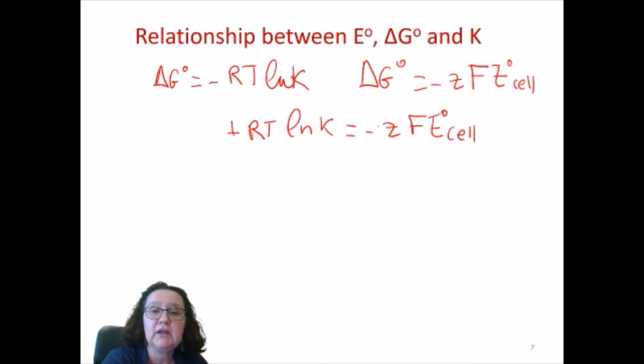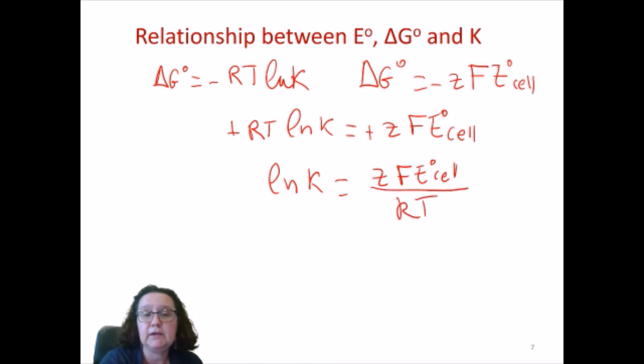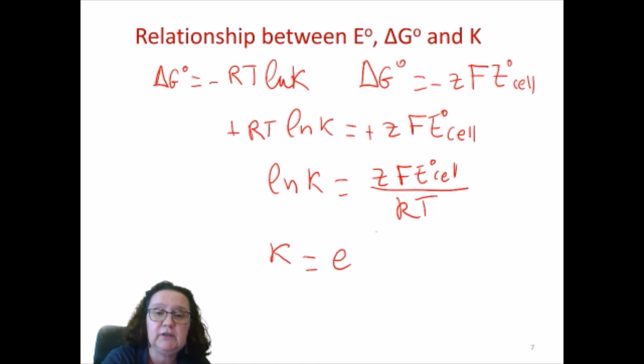I change the signs and I rearrange the equation, and I can leave it in logarithmic form, and then, well, this is what I get. Or I can leave it in exponential form: if I raise e to the power, which is the inverse of ln, I get that K equals e to the power of all this.